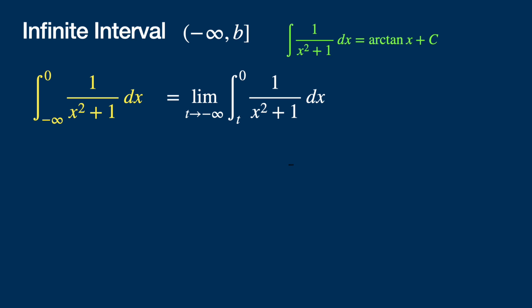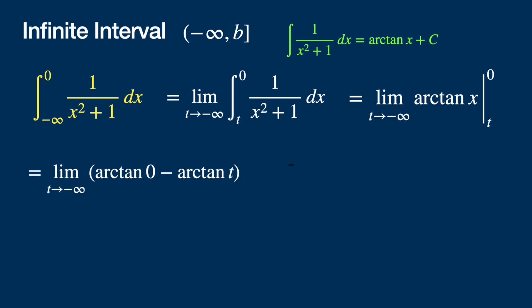As you did with the previous one, that's arctangent. So limit t approaches negative infinity, arctangent x from t to 0. Plug in the 0 first, then plug in the t. So arctangent of 0 is 0. Then you have limit t approaches negative infinity, negative arctangent t.